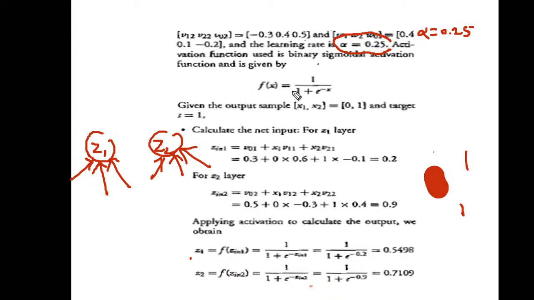So at Z1 and Z2 we will have to find out the total net input.